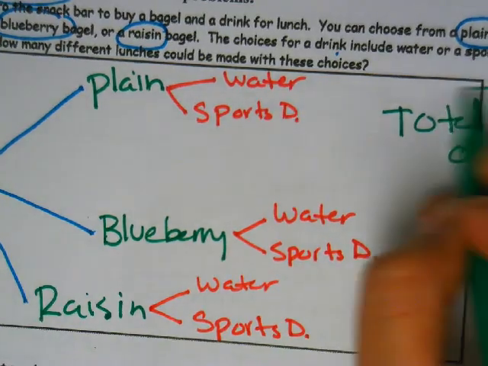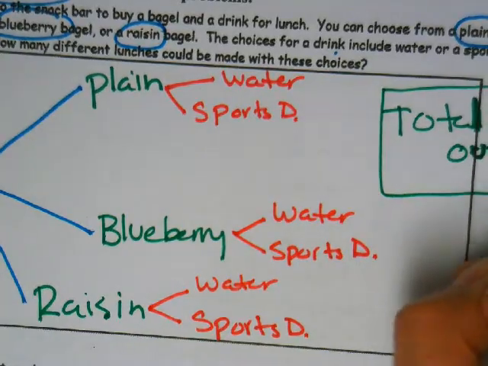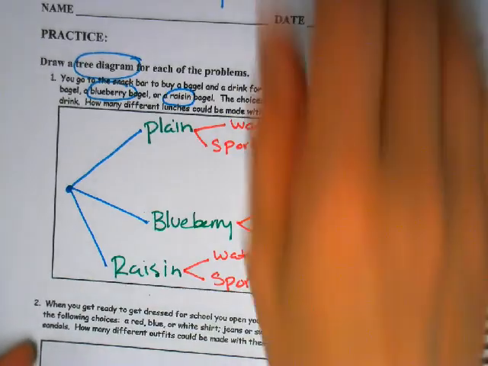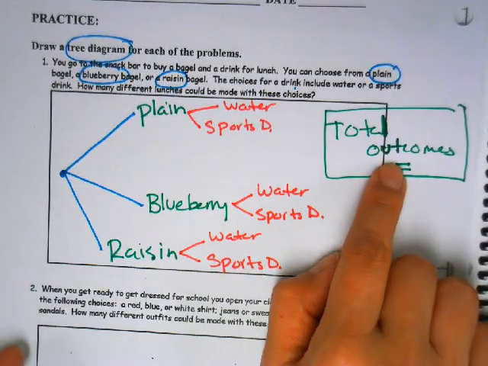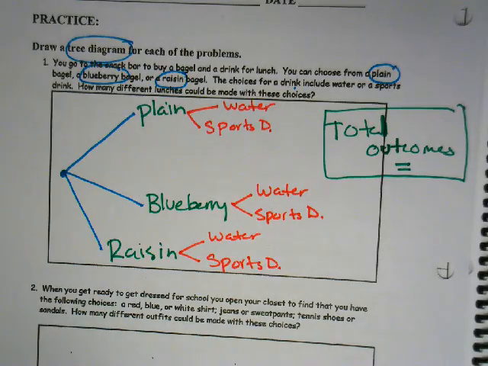One of the questions they might ask you is how many total outcomes. So what does that mean? Sorry, I didn't realize that you couldn't see. Total outcomes meaning how many different combinations are there that I could possibly choose? How many combinations? Yes, very good. How did you get 6? You're right. Where did you guys see 6?